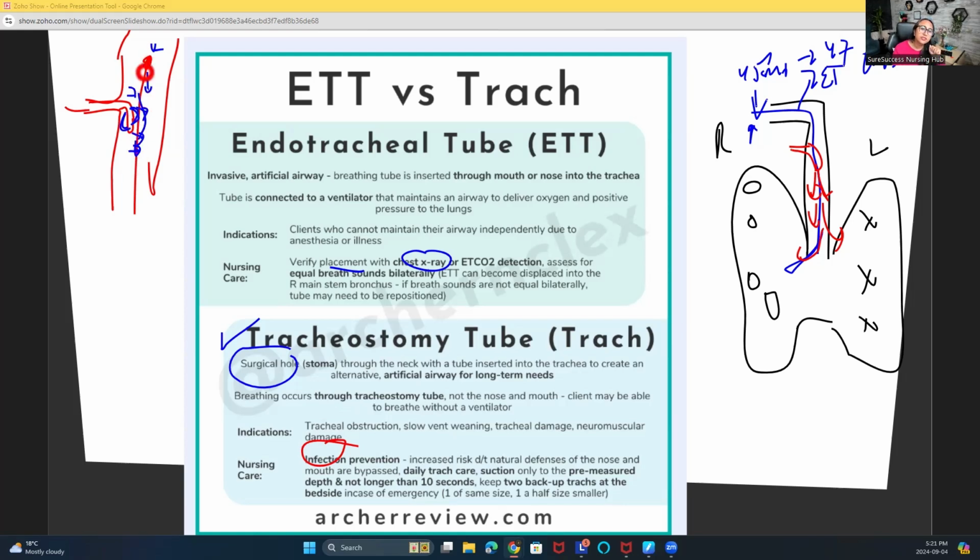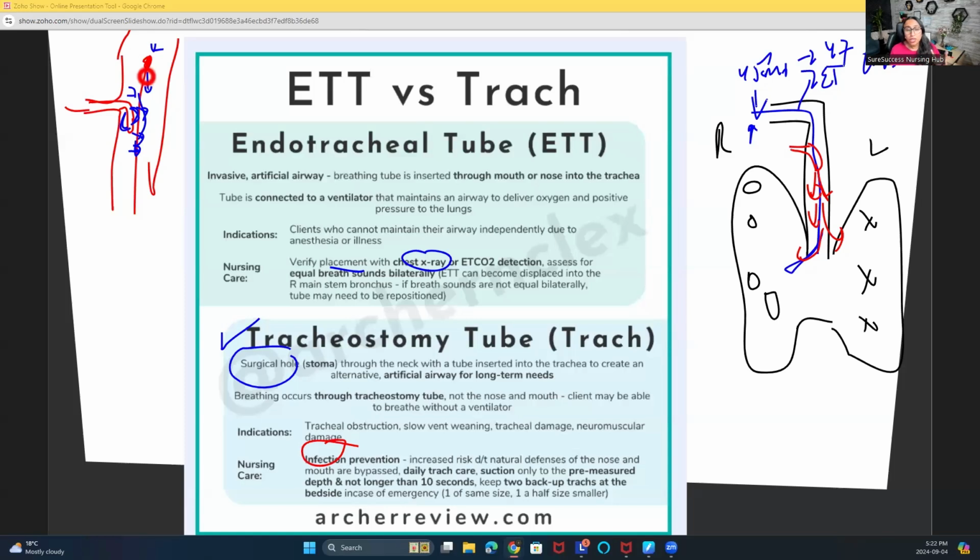Do you think the air is going up? No. If there is no air going up, do you think the larynx will be vibrating? Will it vibrate without air? No. Can the patient speak?